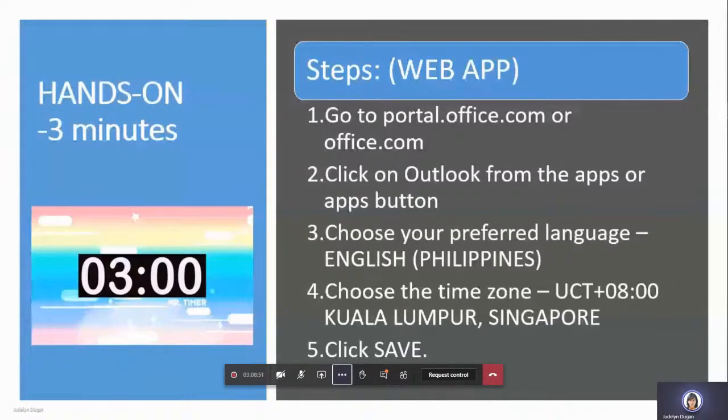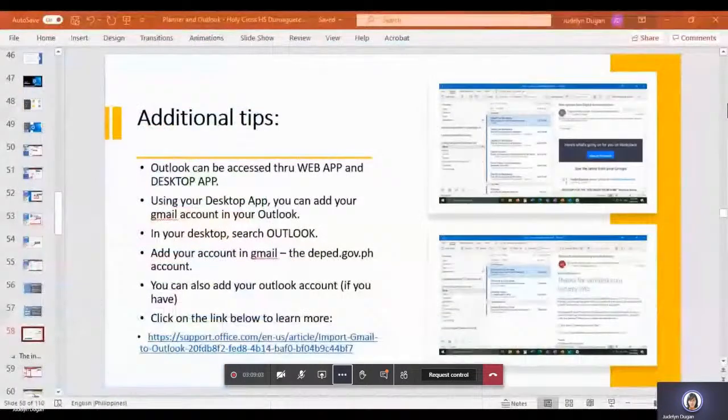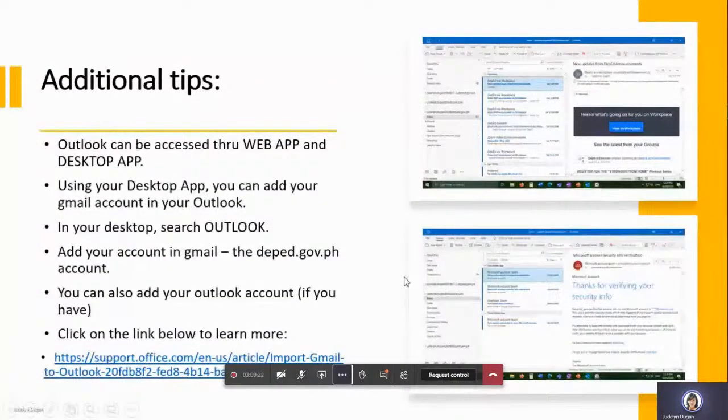No, you're only viewing my PowerPoint. So if you want to do that, you just go to your search, type Outlook, and in your Outlook, you can see File, then Add Account. You can add your Gmail, or if you have many Outlook accounts, you can also add your other Outlook accounts. You can do that if you are free. Those are just additional tips.